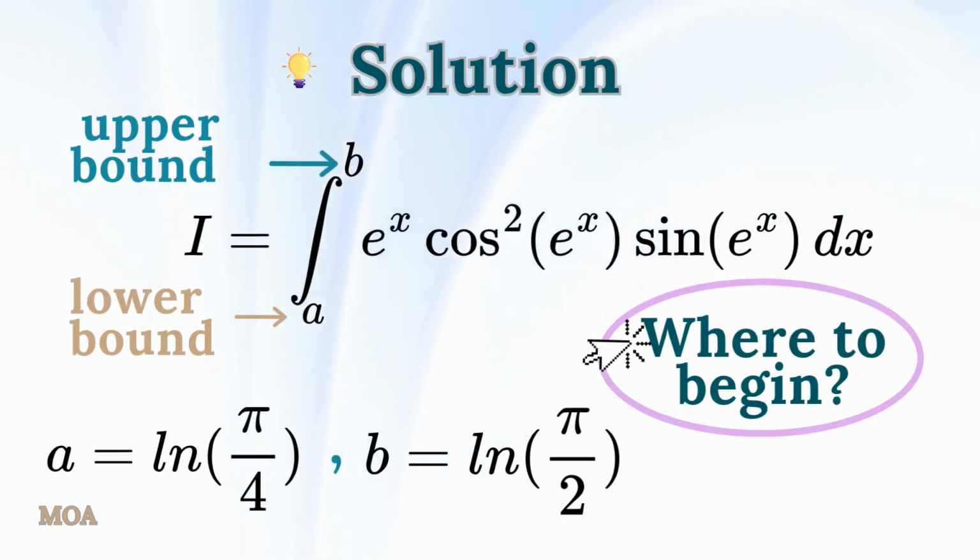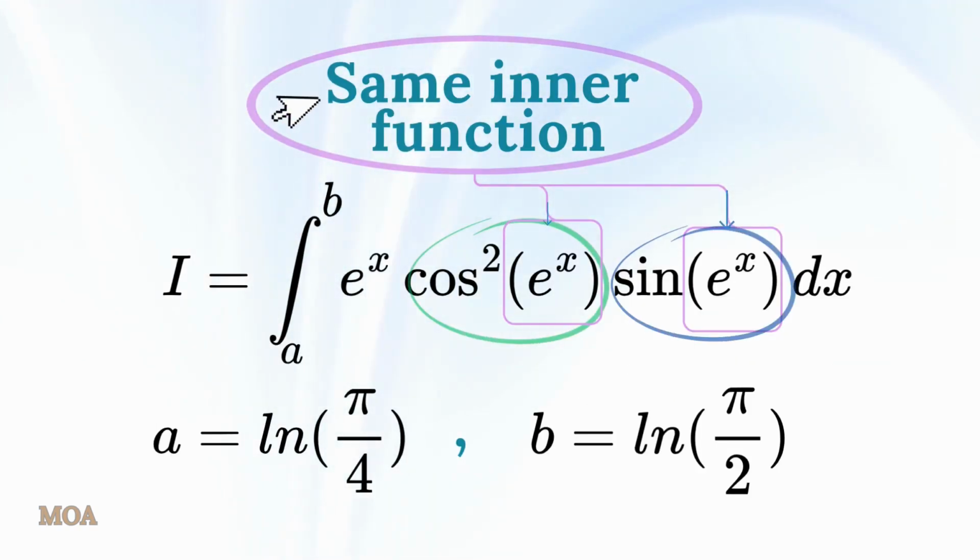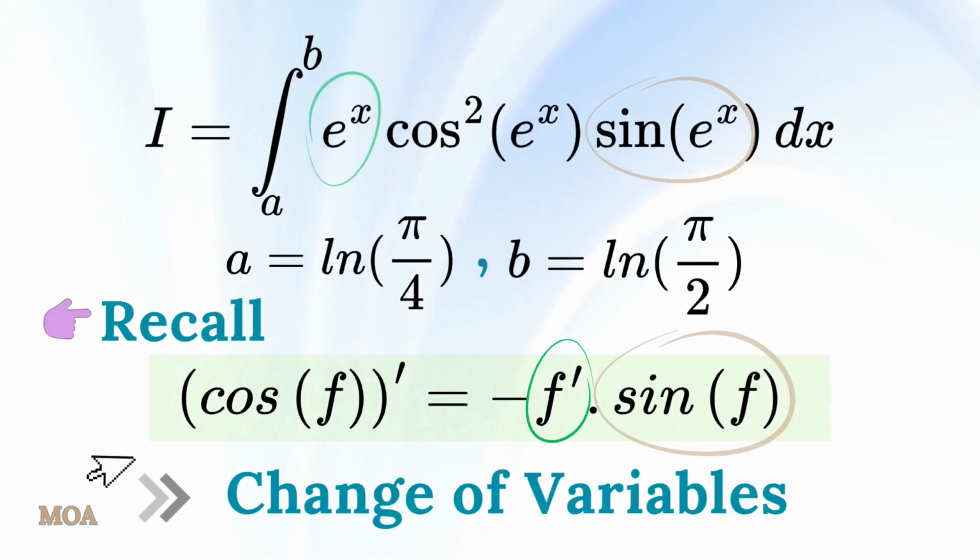At first glance, the integrand appears difficult, and many students have asked me exactly where to begin. Notice that both the cosine and the sine contain the same inner function, e to the power of x. Recall that the derivative of the cosine of a function, f of x, equals negative f prime of x, multiplied by the sine of f of x.